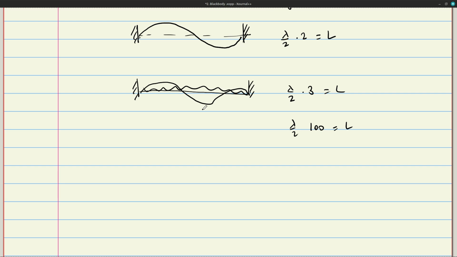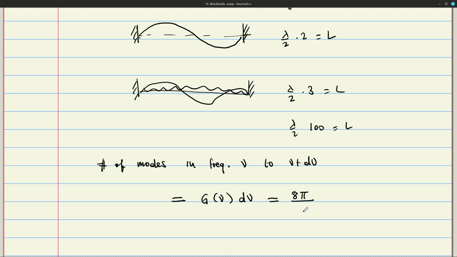So here is the result. The number of modes in frequency nu to nu plus d nu, we show this by g(nu) d nu, and this is given by 8 pi divided by c cubed times nu squared.